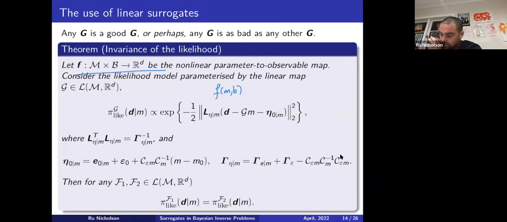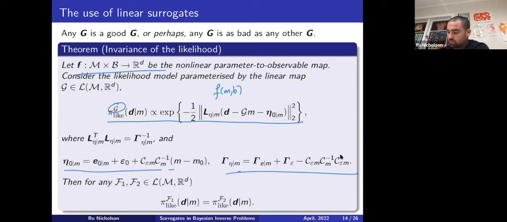Then, if we consider the likelihood parameterized by the choice of linearization, as long as we take into account the approximation errors using, for example, the Bayesian approximation error approach, then for any two bounded linear operators in the most formal sense, the likelihoods are equal. I don't think the proofs are here, but it's essentially just a linear algebra argument, and it's not anything too involved.